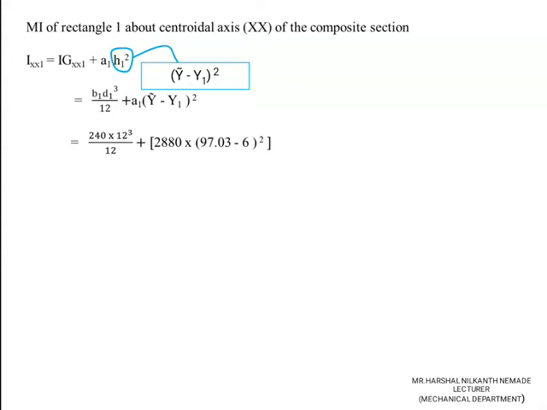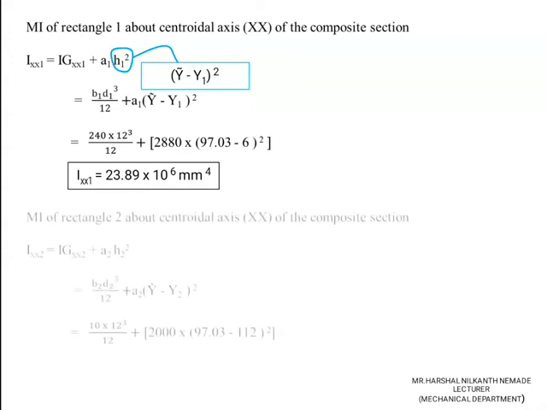So Igxx for a rectangle is BD cube by 12 plus area A1, and H1 is converted to y bar minus y1 as I have written. After substituting all values, I will get Ixx1 as 23.89 multiplied by 10 raised to 6 mm raised to 4.